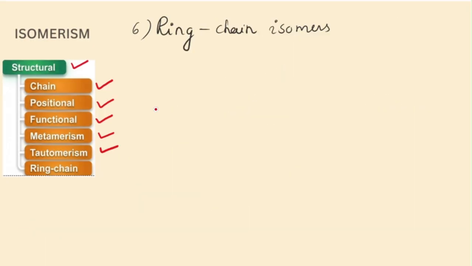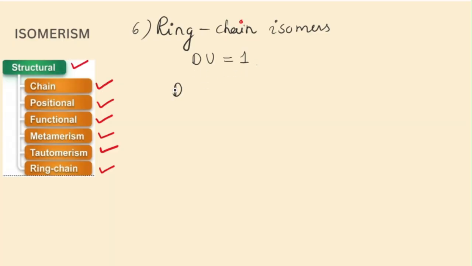The last set of structural or constitutional isomers are ring chain isomers. As the name suggests, a molecule can be a ring or a chain and they have the same molecular formula. So that's why they are called ring chain isomers. Students, remember, in order to exhibit ring chain isomerism, the molecule must have at least 1 degree of unsaturation.